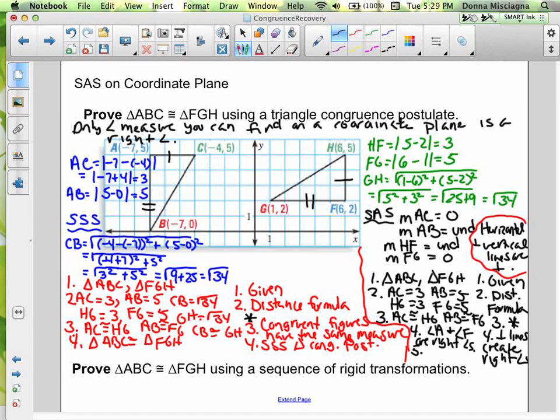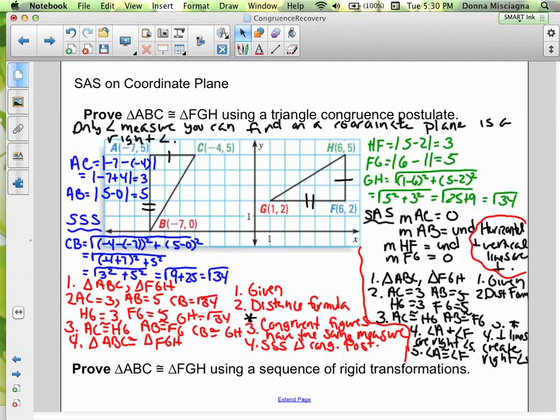Now that we've said they're right angles, we can say angle A is congruent to angle F because I'm going to move this step, and we're going to abbreviate even that more. Distance formula, same as before.